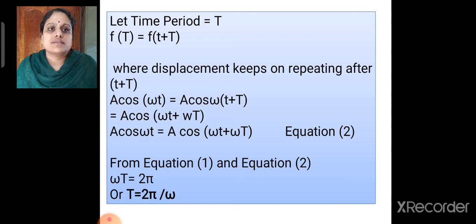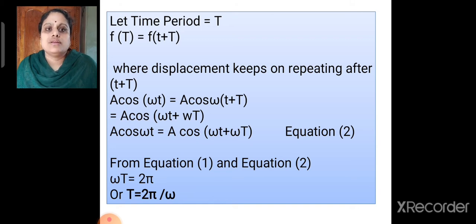Removing the brackets, we get a cos omega t equals a cos (omega t + omega T).